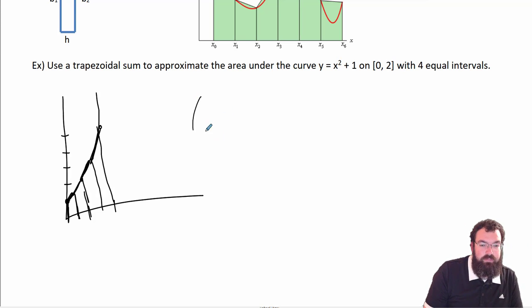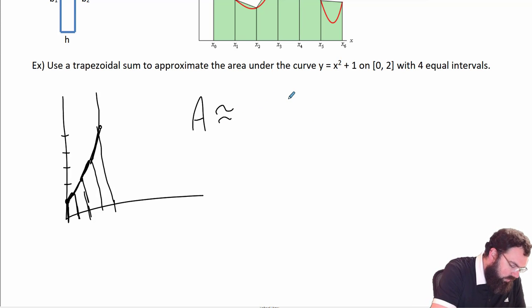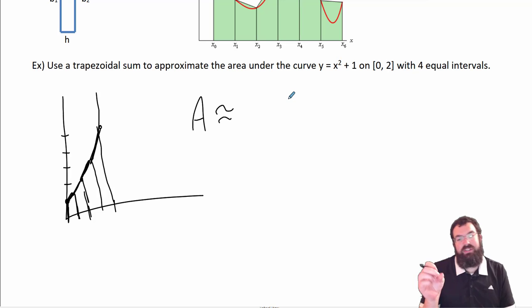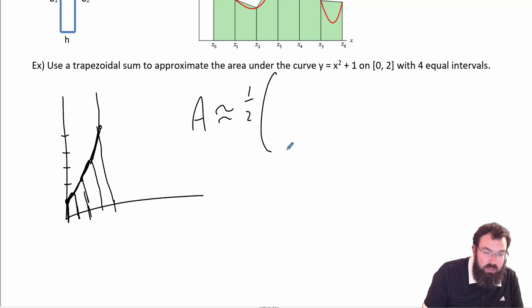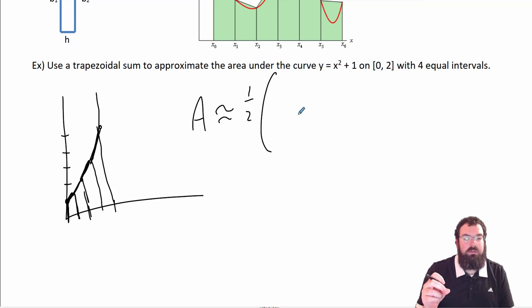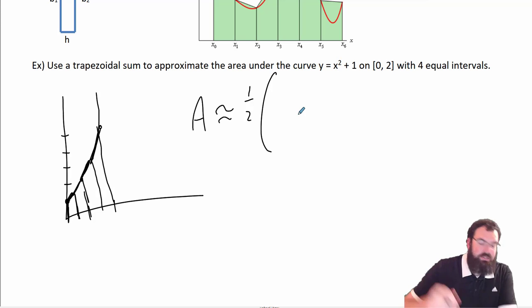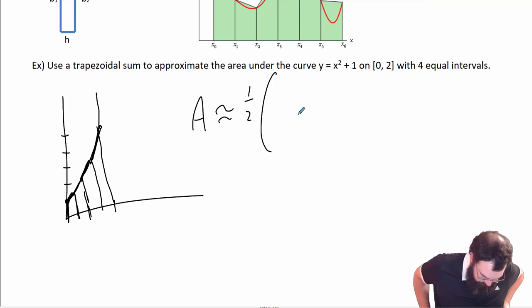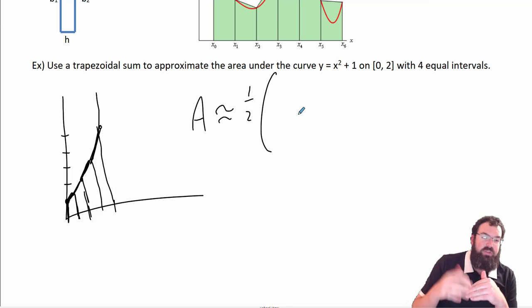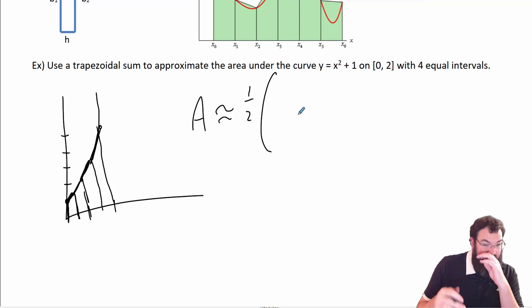So the area is going to be approximated as a couple of different things here. Because the width of each trapezoid is a half, the 1/2 is the height of each trapezoid.